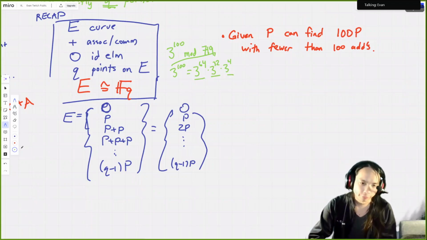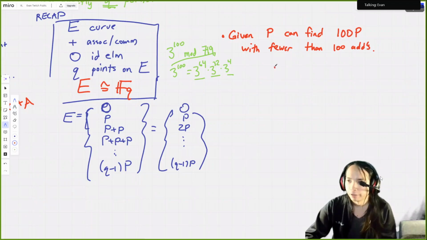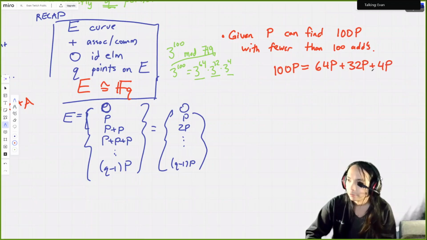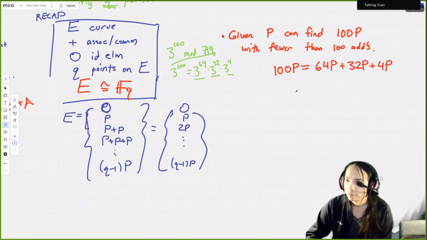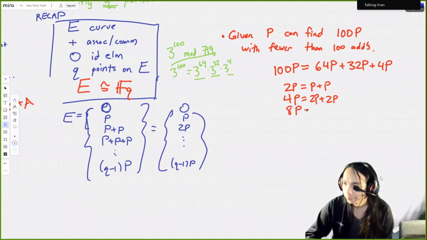The same thing happens with elliptic curve addition, where if I want to compute 100P, which is 64P plus 32P plus 4P, I can do it by repeated doubling, where I compute 2P, which is P plus P. I compute 4P, which is 2P plus 2P. 8P, which is 4P plus 4P.